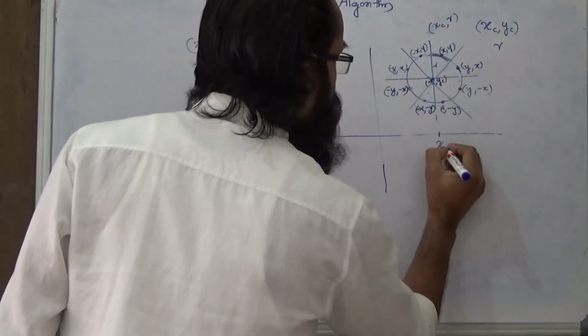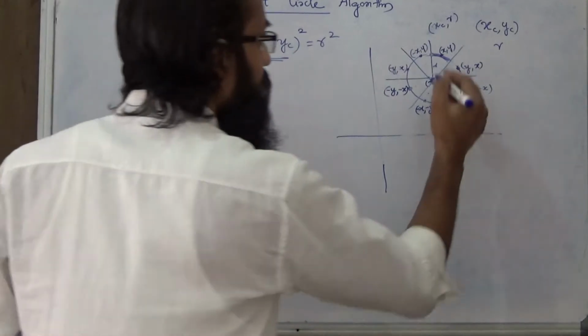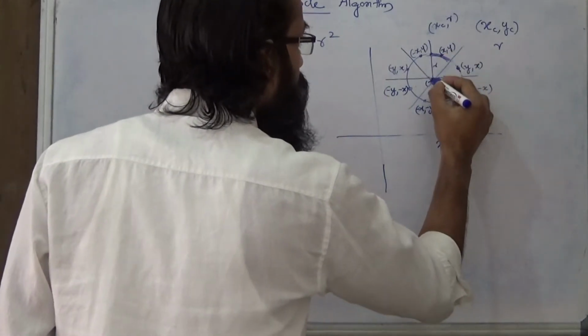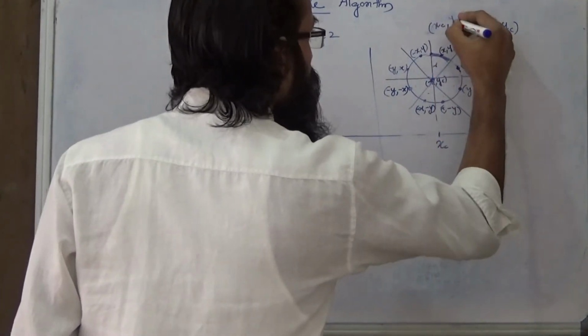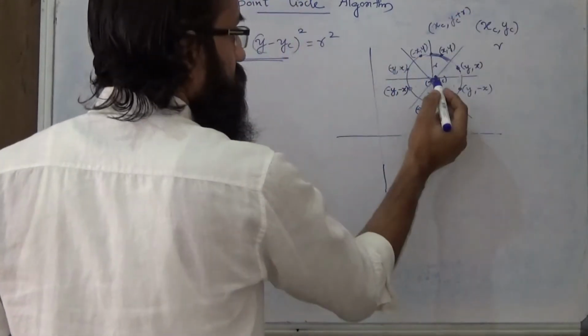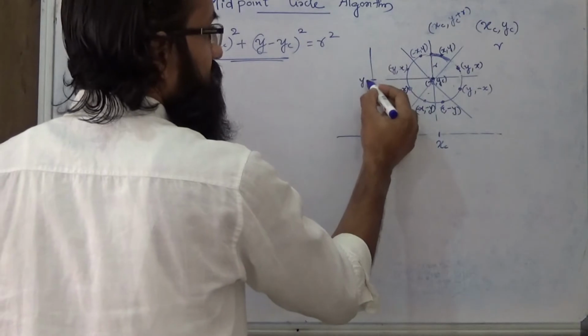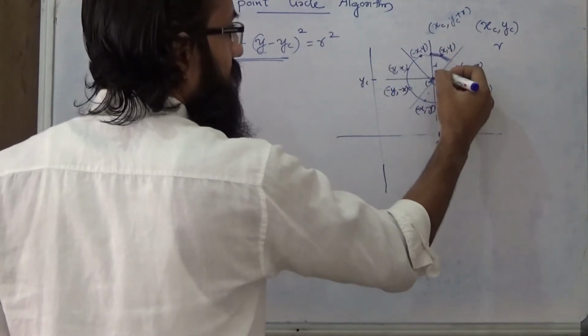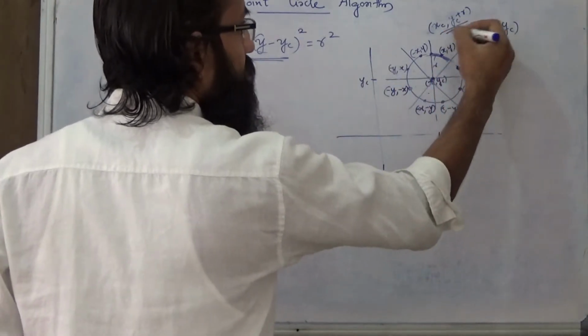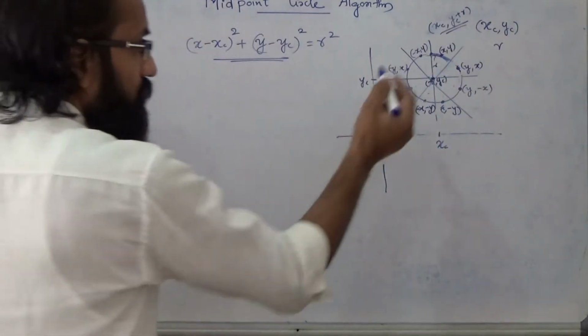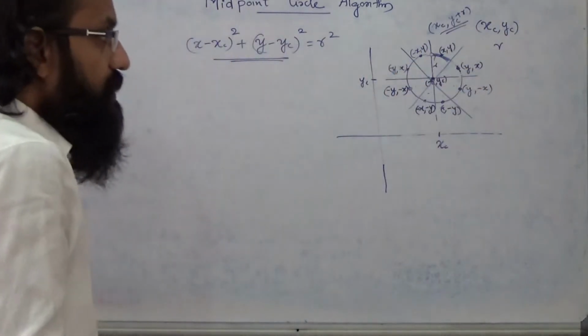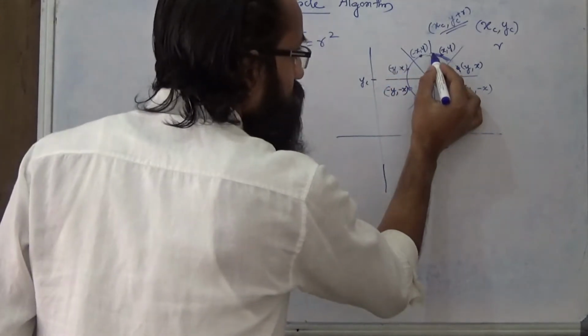The corresponding x value will be xc, and the y value corresponding to this position is yc, to which you have to add the radius r to obtain the next value. So you are expected to plot this point first, and you have to proceed in this direction.